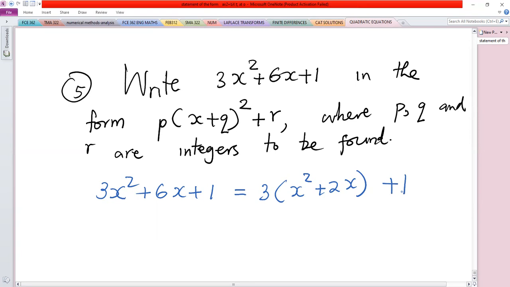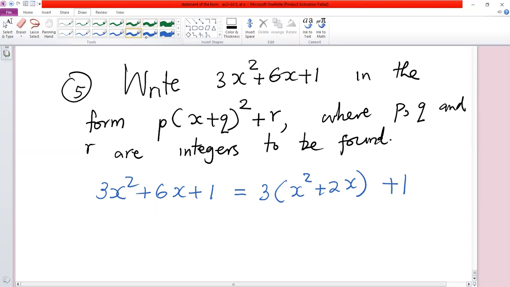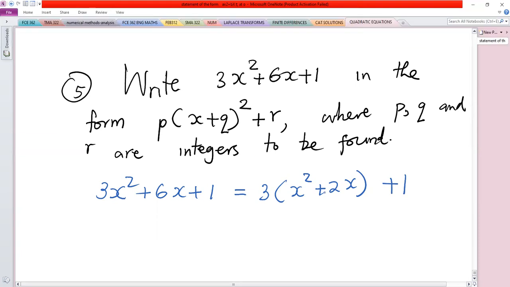Now, what we have in the bracket is what we now complete. And here b is 2. So b over 2 is 2 over 2, and when you square, this will be the same as 1 squared.